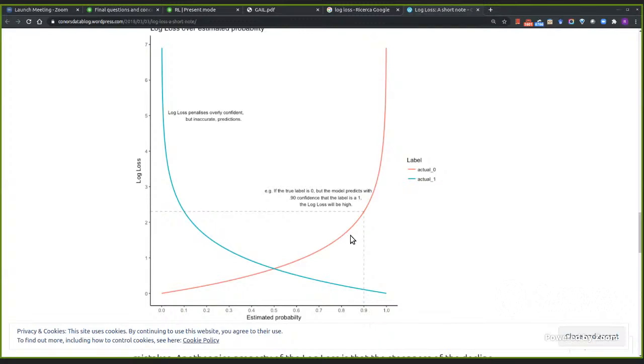And the closer it gets to 1, the higher the loss. Similar thing for actual ones.